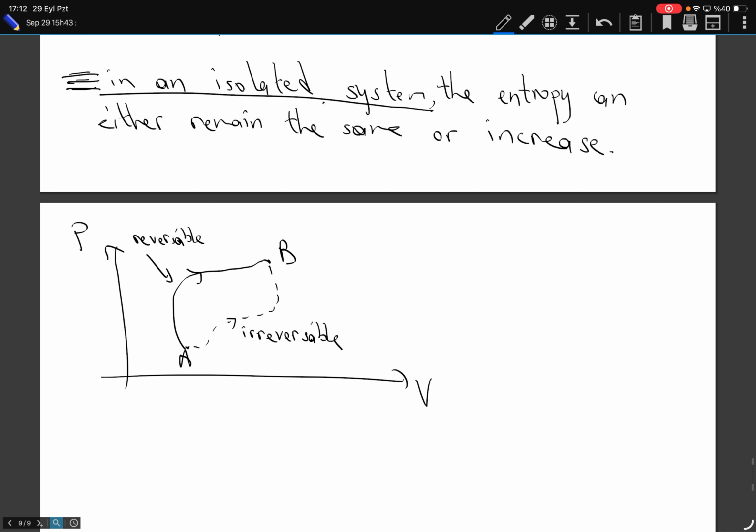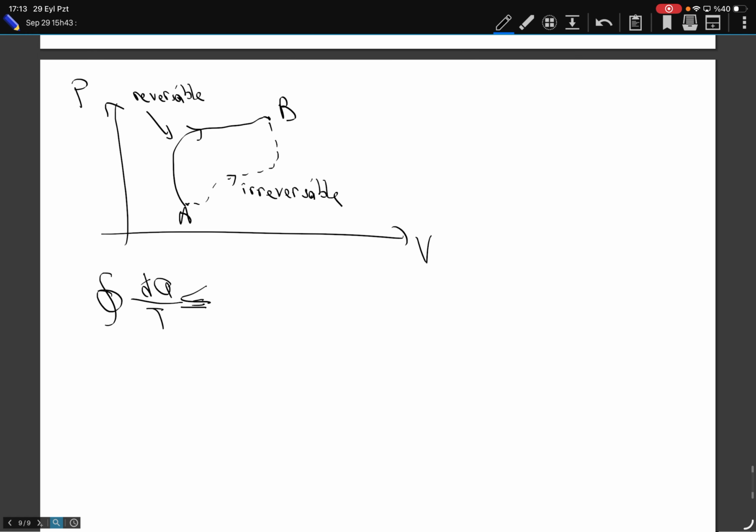Now the second law of thermodynamics tells me that as I go around this loop, this should be less than or equal to 0. Let's say around this loop, I go from A to B through the irreversible part, and then I go from B to A through the reversible part.